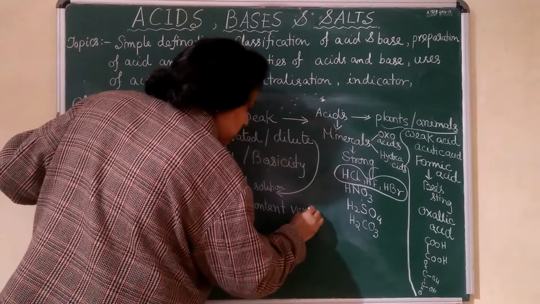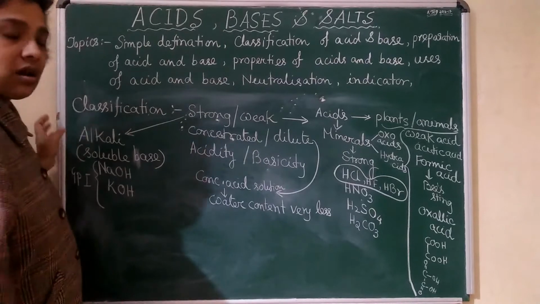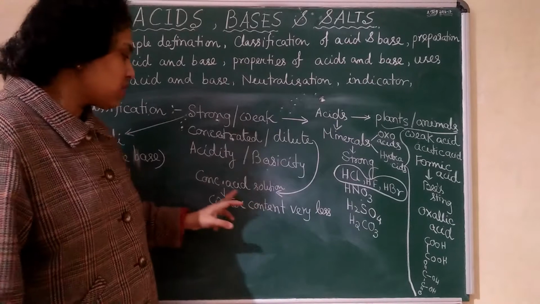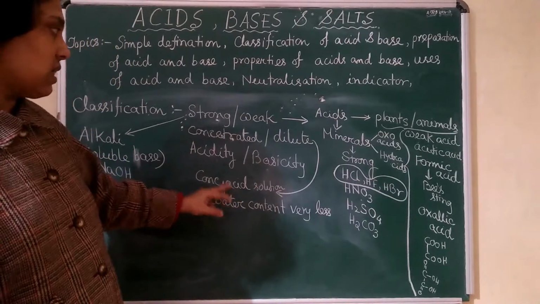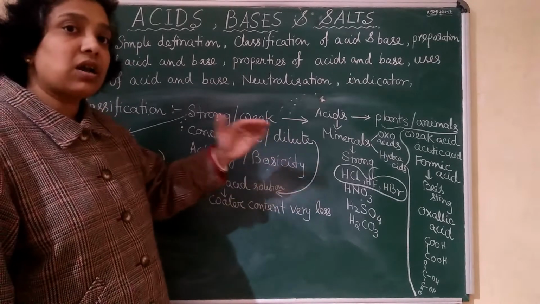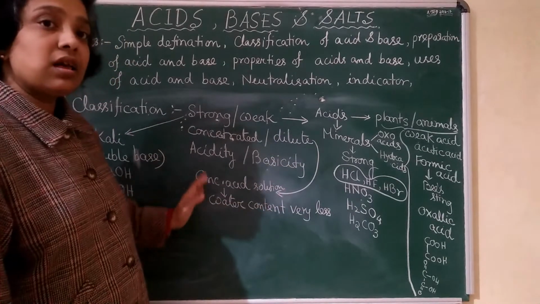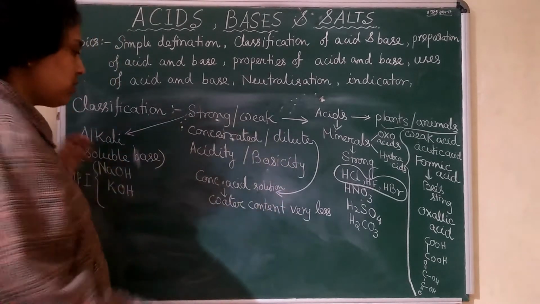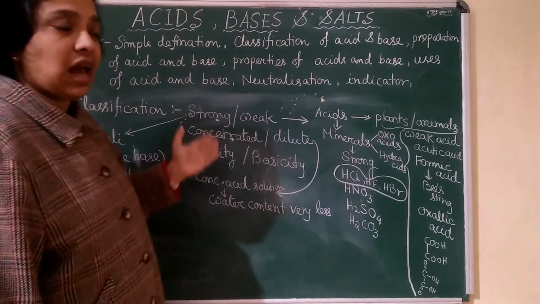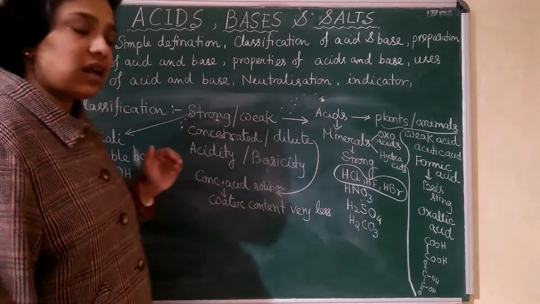So acid content is more and water content is less, so at that time it is concentrated acid. Then dilute acid is just the opposite. We call it dilution of the acid. It means when the water content is more. So based on dilution, or by adding water, we can define concentrated and dilute acid.